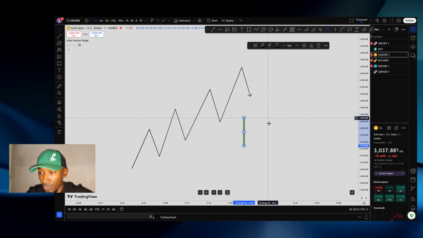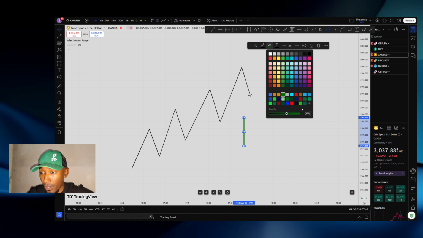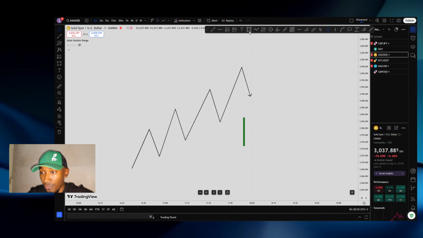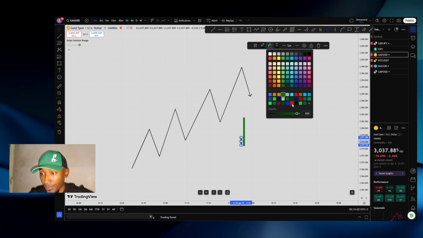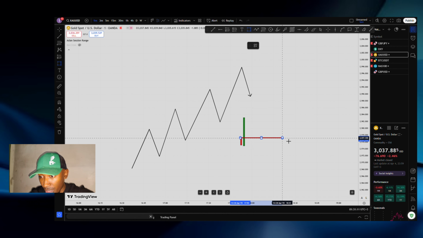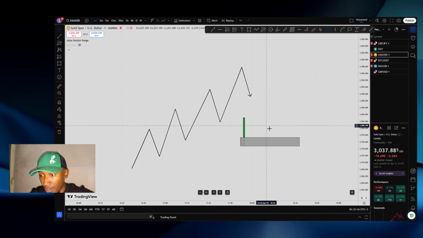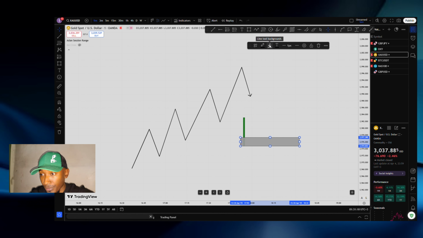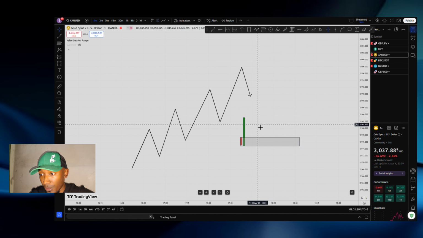For example, let me use this, where you find this can be a demand zone. Just 1 minute, let me show you. I refer to this as a demand zone.